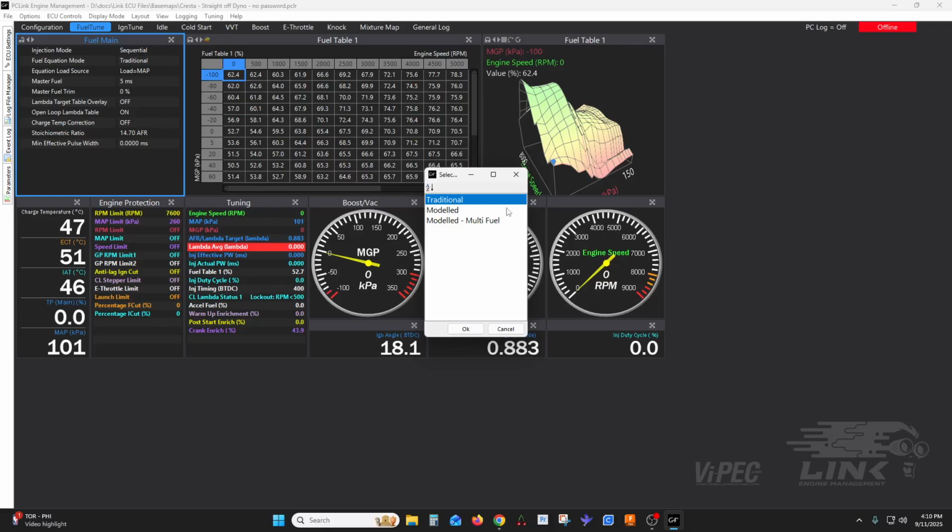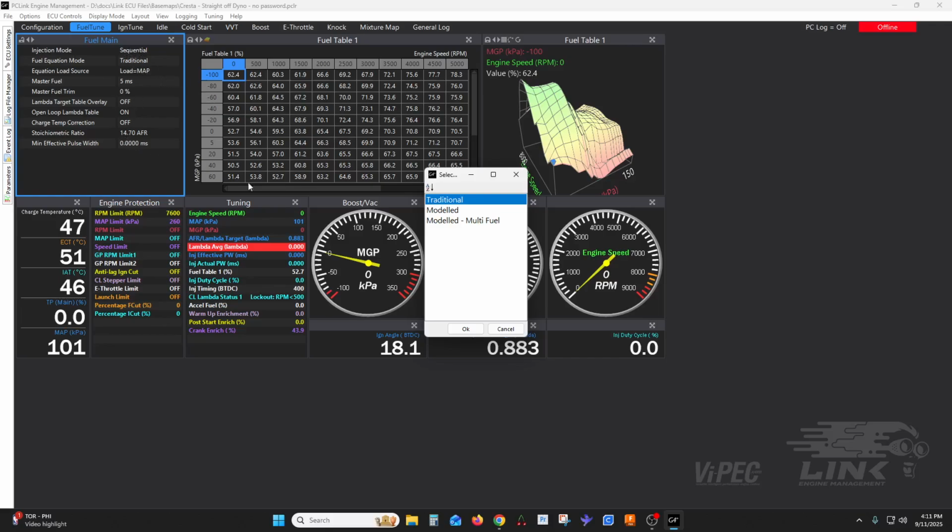Traditional is what old school ECUs used to use, where they just go off the injector pulse width. So this table here is actually a percentage of, this is the fuel table, percentage of the maximum pulse width of the injectors.